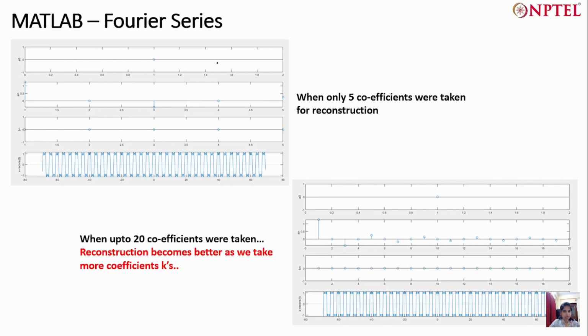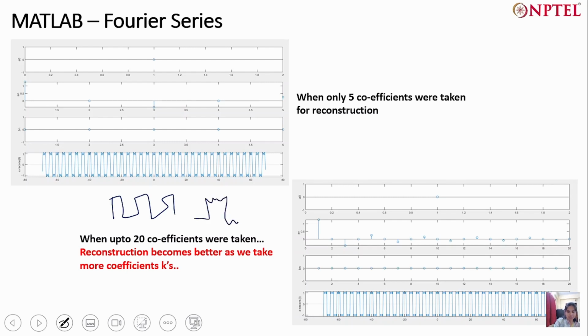Here a naught is 0, my even terms are given here, and my odd terms are given here. If I reconstruct with this a naught, an and bn, using just 5 coefficients, I'm not getting a square signal. I'm just getting something like this. I have some fluctuations.